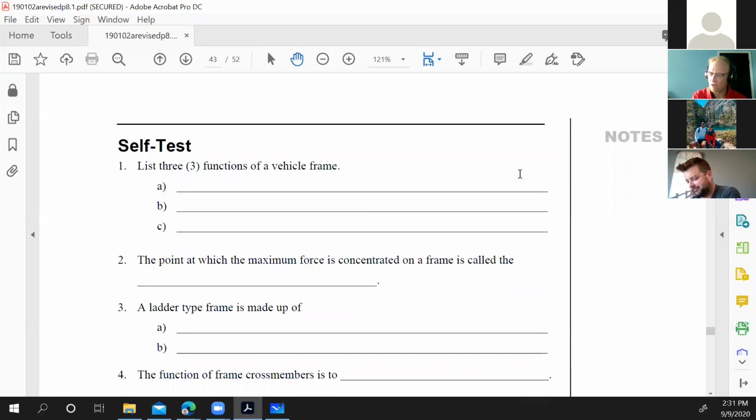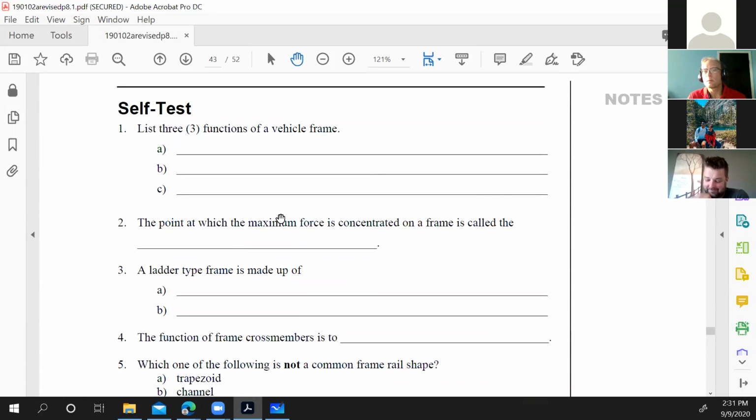The load of the vehicle and the weight of all that stuff, the cab, sleeper, engine, all that. And the last and a very important one is to allow flex, but to maintain rigidity. Okay, so to absorb those shock loads and torsional loads, twisting and bending that's happening as it's driving down the road. Okay, so 3 functions of the frame.